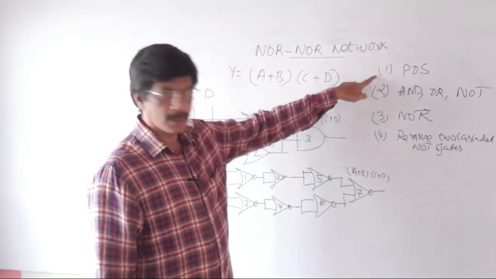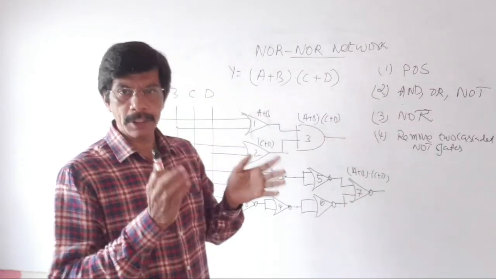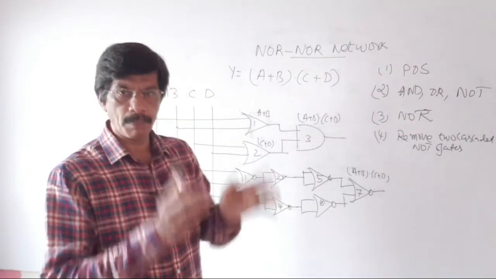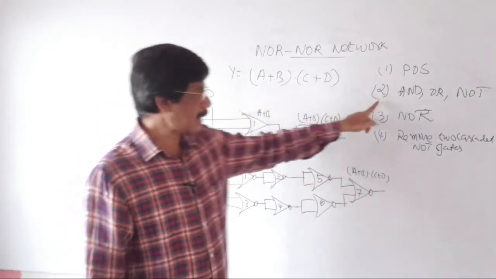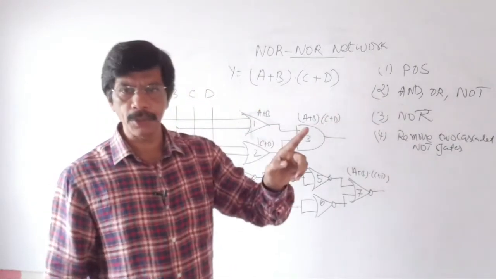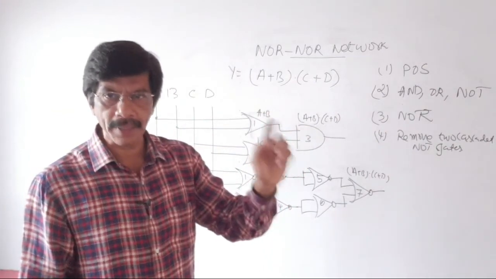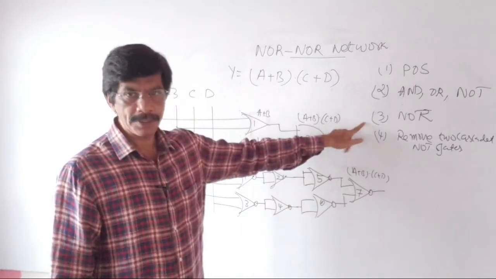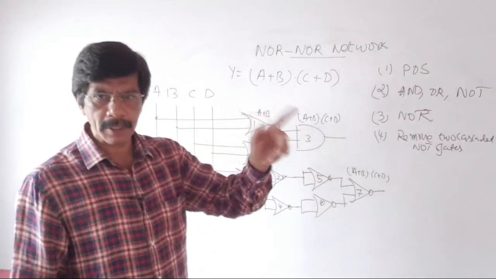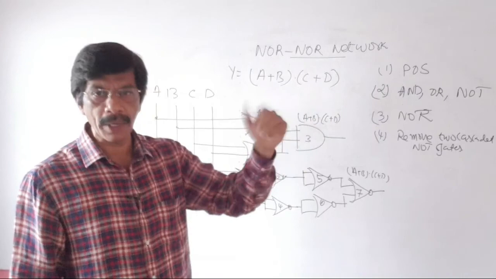The first step is the given expression is in the POS, which is simplified. So already it is in the simplified form. The second step is draw the circuit using basic gates such as AND gate, OR gate, NOT gate. That also is over. The third step is replace the given basic gates by equivalent NOR gates.